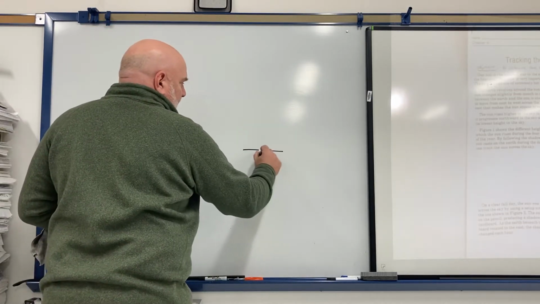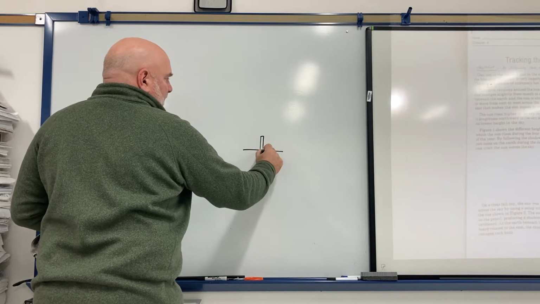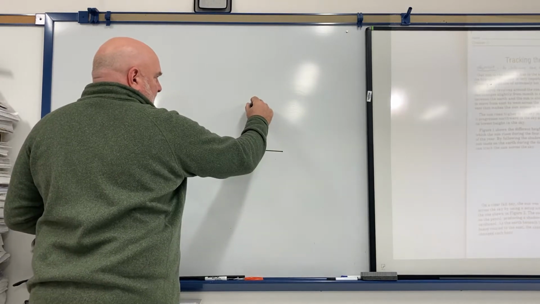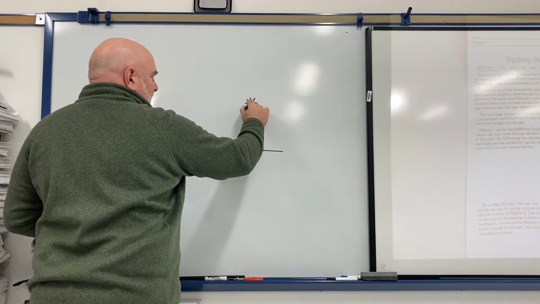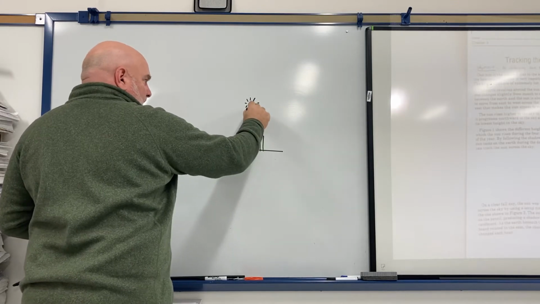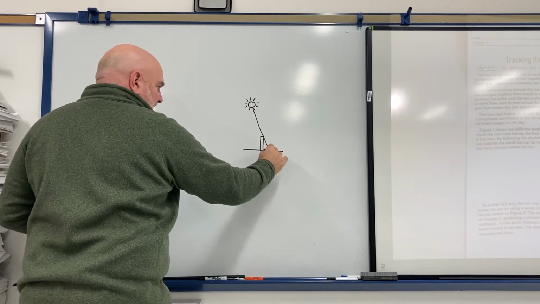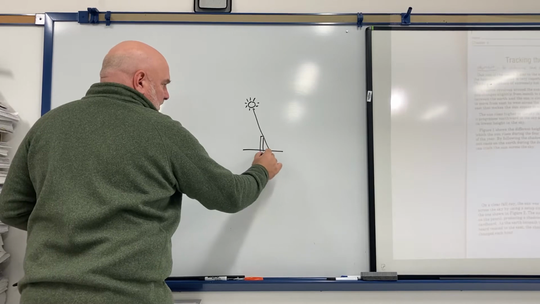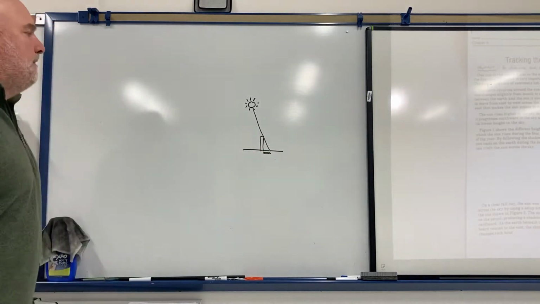Because if the sun is high in the sky, then the sun will cast a shadow like that. All right?